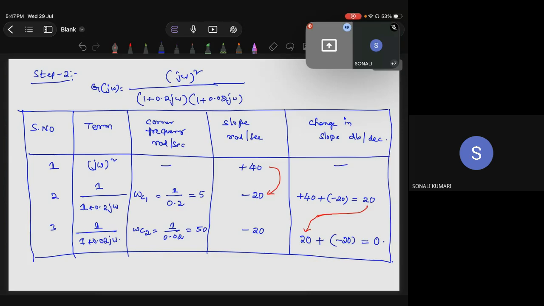We have 2 corner frequencies. So we start with a frequency which is very much less than the first corner frequency, then we go to the first corner frequency, then the second corner frequency, then we take a higher frequency greater than omega C2. That you'll understand now.